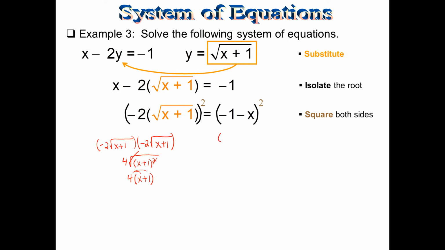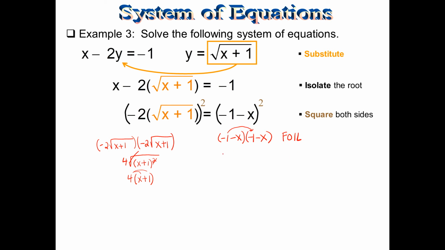And then here, we've got -1 minus x times -1 minus x. Okay, so if you remember, we have the FOIL here. So I distribute.